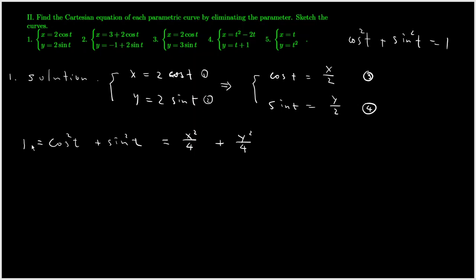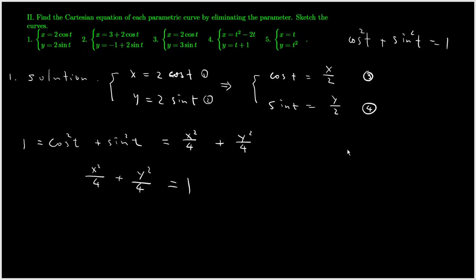Now you look at both sides of the equation. So we have x squared over 4 plus y squared over 4 equals 1. At this point, I guess many of you can see the shape of the curve already.